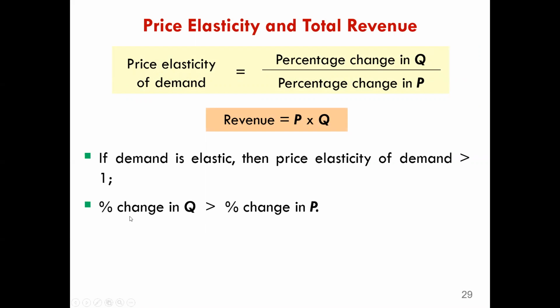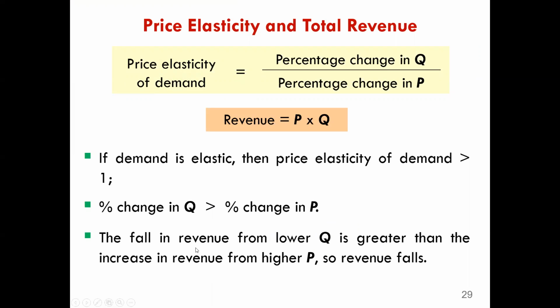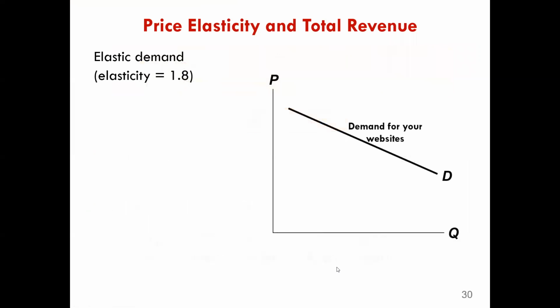And so a percentage change in quantity will be greater than a percentage change in price. This means that the fall in revenue from the lower quantity demanded is greater than the increase in revenue from the higher price. So revenue will fall in effect.